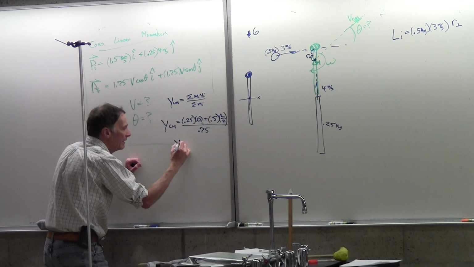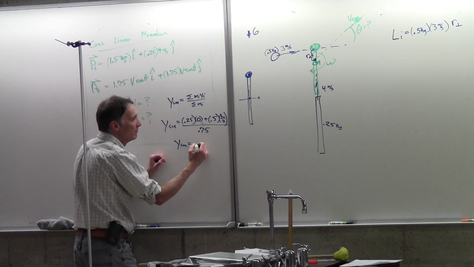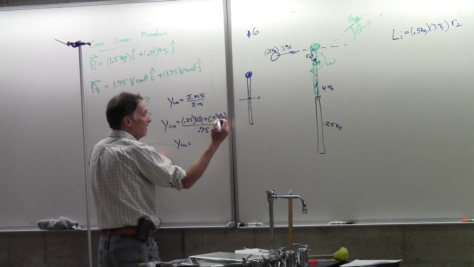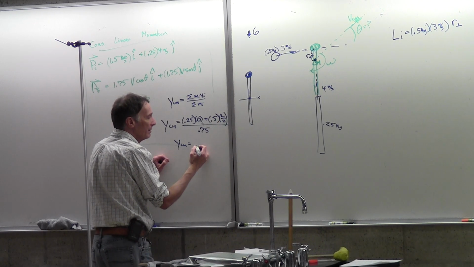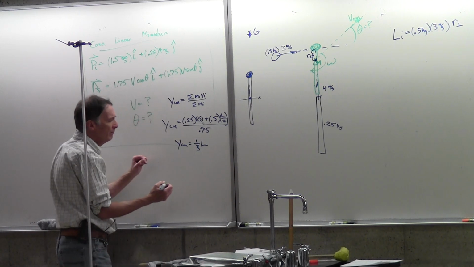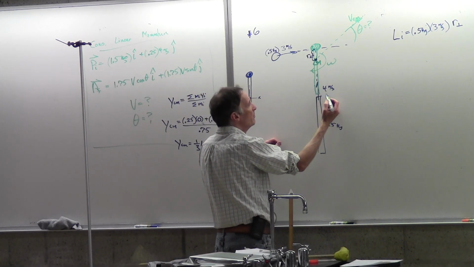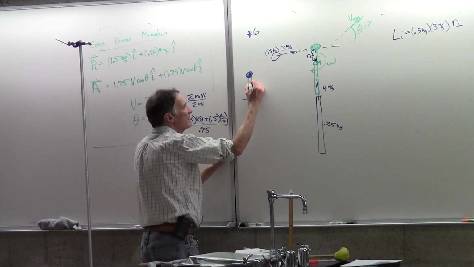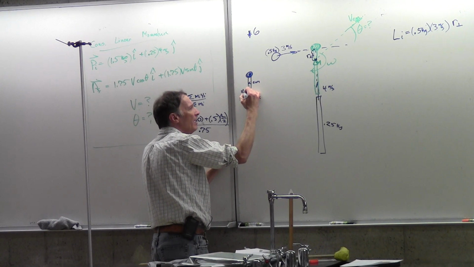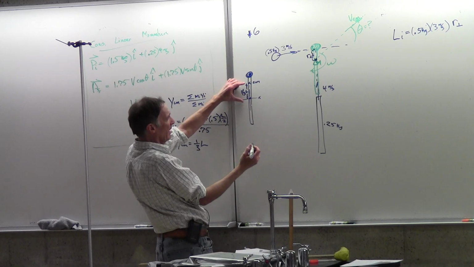So I can immediately get that y center of mass is going to be 1/3 L, or 1/3 of a meter. So if this is a meter stick, the center of mass is 1/3 L up.